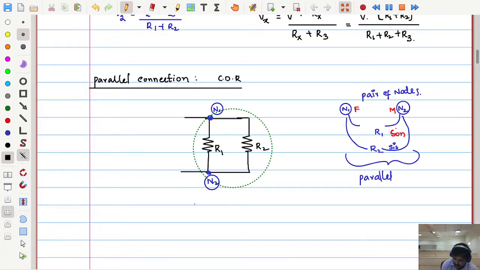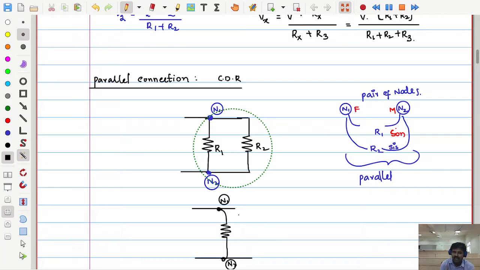How much is its equivalent? We had seen previously. I must have the N1 node on the top side, and on the other side the N2 node. In between this some resistance is there. Now I am replacing two elements with one element, that is the network reduction. But it is not R1 plus R2.